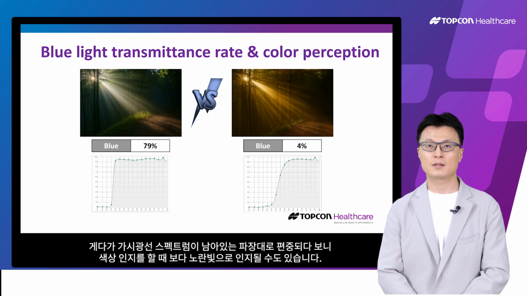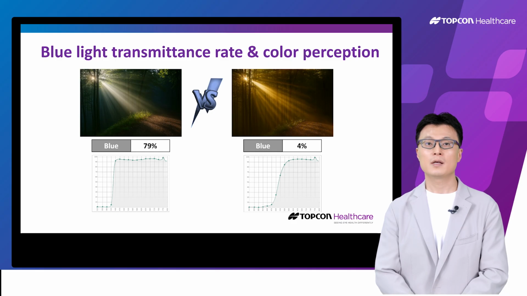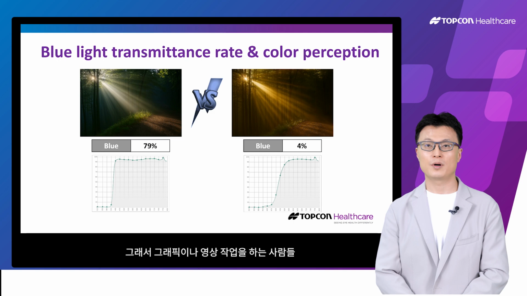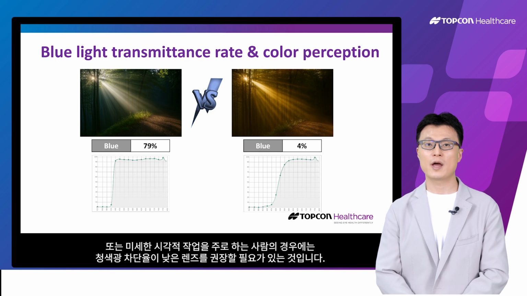On top of that, because the visible spectrum becomes skewed towards the remaining wavelengths, colors can appear more yellowish. That's why, for people who do a lot of graphic or video work, or any task that requires precise visual detail, it's better to use lenses with a lower level of blue light filtering.